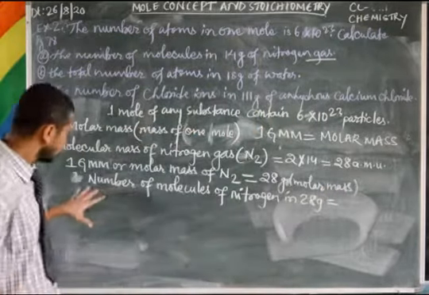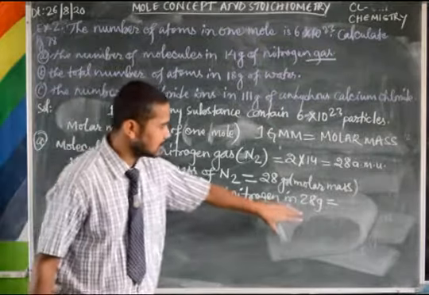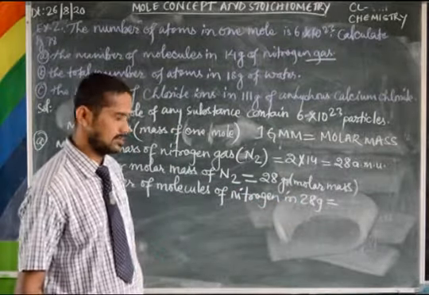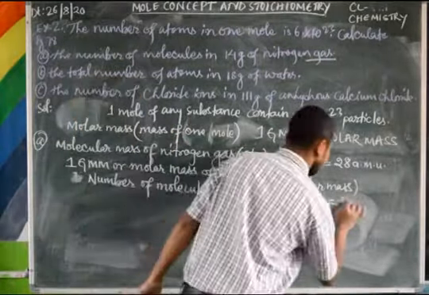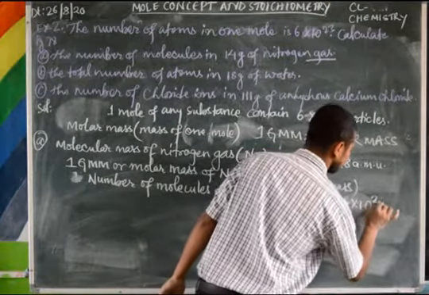That means the number of molecules of nitrogen in 28 gram is how much? 6 into 10 to the power 23.